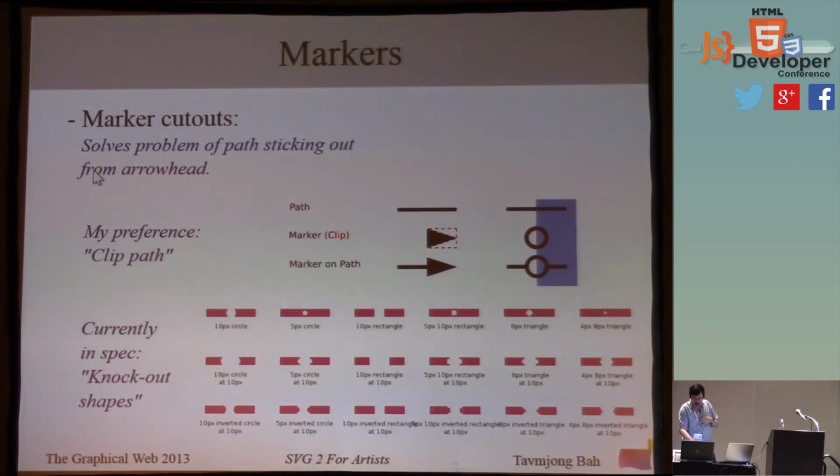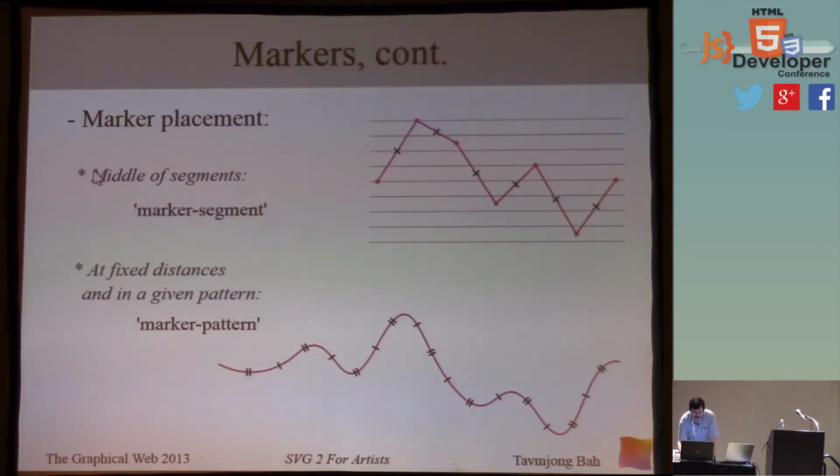Here I show you how it works for an arrow, and also how it would work on a map if you had a subway stop marked on the map. You can get rid of the line in the region of the marker and expose the background. What's currently in the spec are knockout shapes. I don't think those are flexible enough for what we want, so we need to talk about that. But that's something that's going to come, and somehow we're going to have marker cutouts.